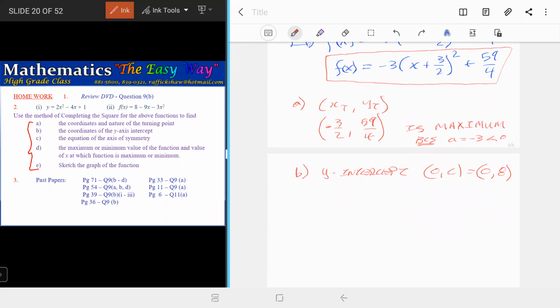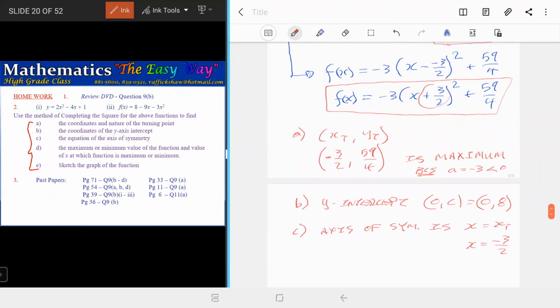We'll go to part C. Part C is asking for the equation of the axis of symmetry. The axis of symmetry is x equals the xt value. The xt value is negative 3 over 2. So it is x equals negative 3 over 2. But what some people do is look at the sign, change it to the positive 3 over 2, write that back here and get it wrong.